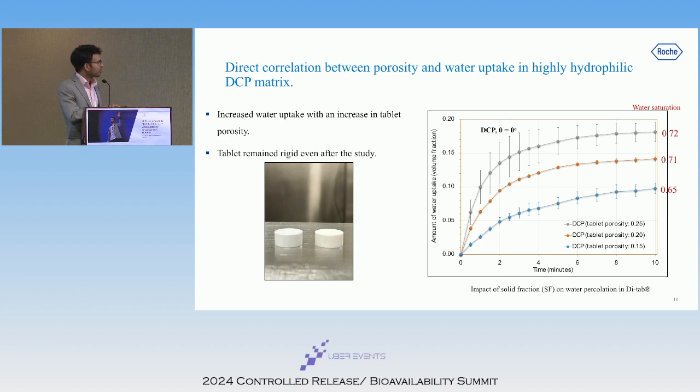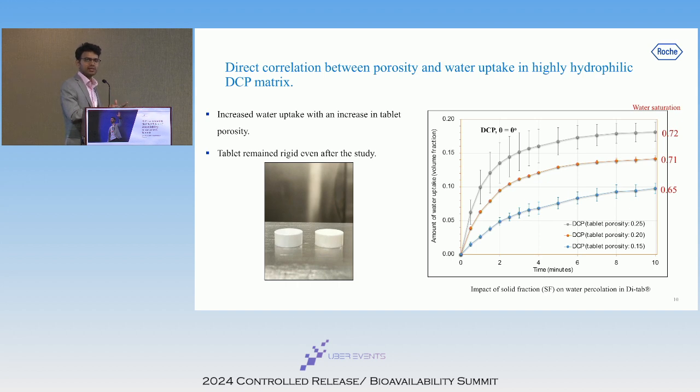On this slide, we see the water uptake for pure DCP tablets, with 2 key takeaways. Here, the tablets were manufactured at 3 different solid fractions to yield 3 different porosities, ranging from 0.15 to 0.25. Number one, very surprisingly, we don't see any changes in the volumetric expansion behavior of the DCP tablet.